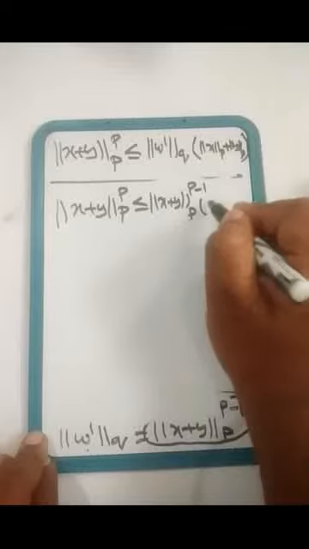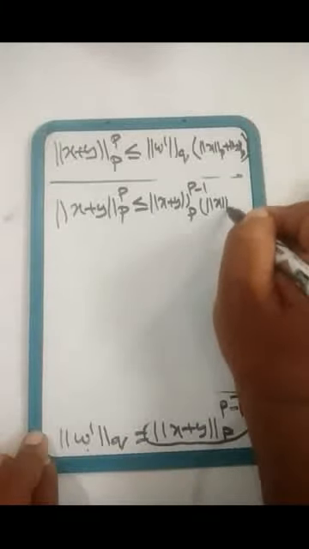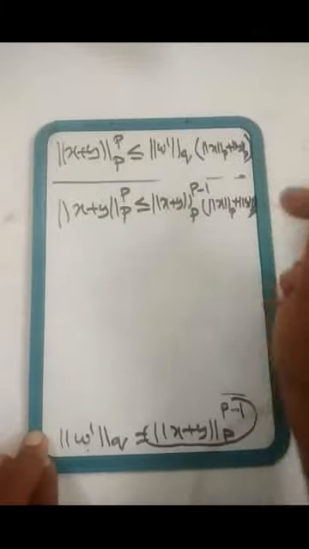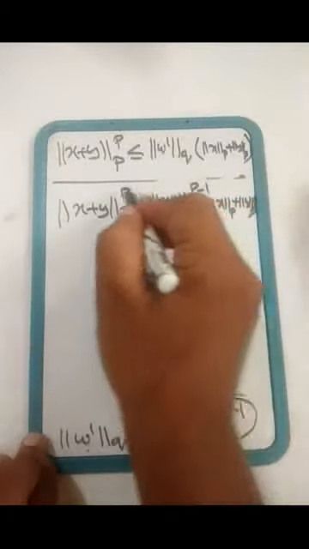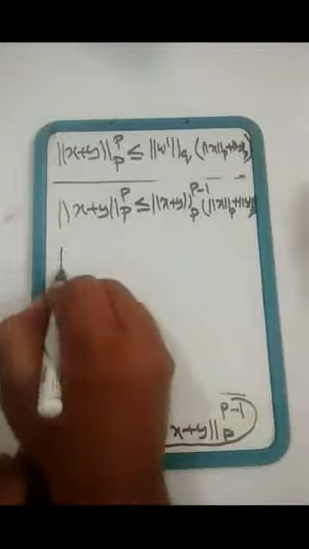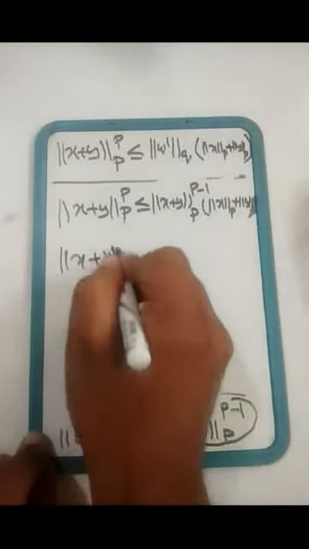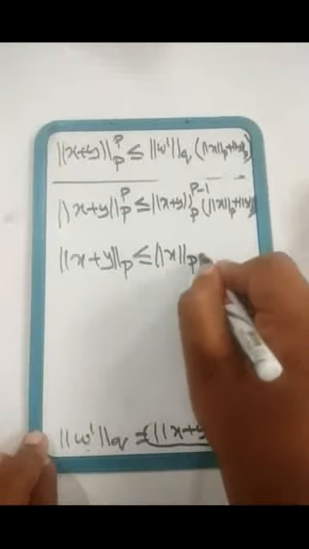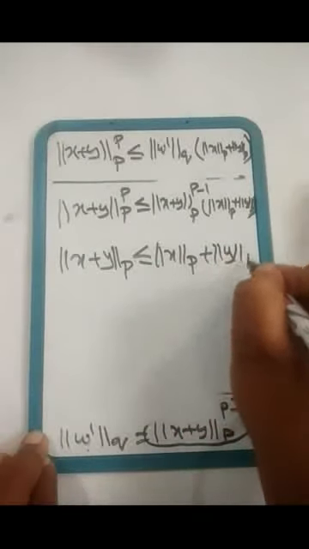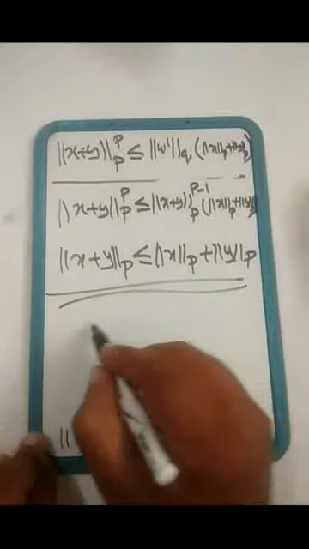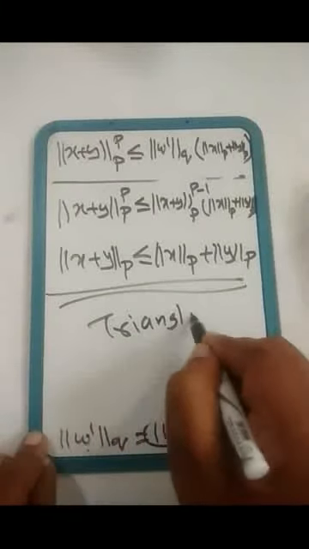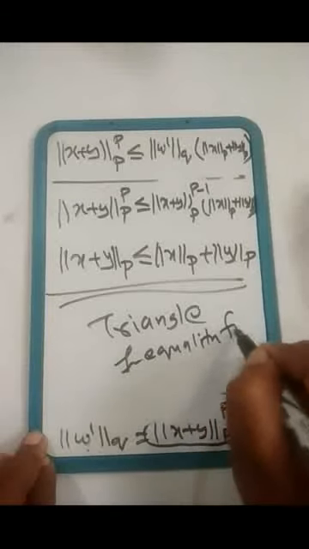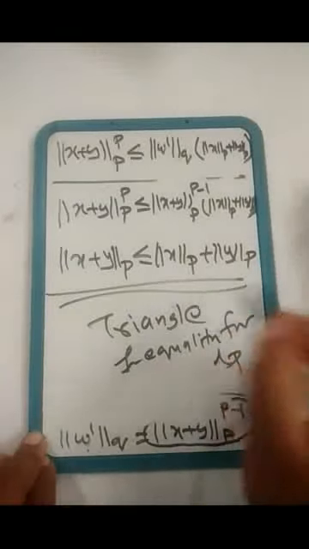P minus 1, times norm x p plus norm y p. Okay, now this is P minus 1 power, this is dividing by this thing, they are non-zero. So what we get is, and this is the triangle inequality what we want for LP spaces, which is the Minkowski.